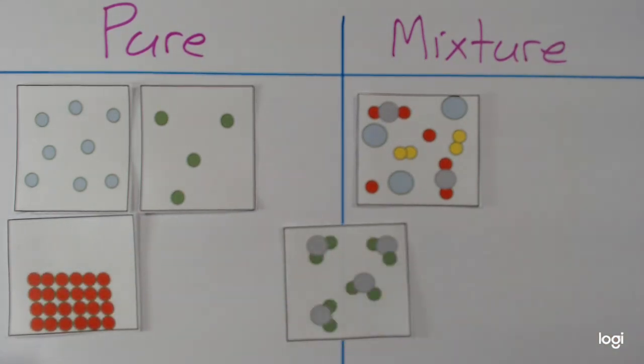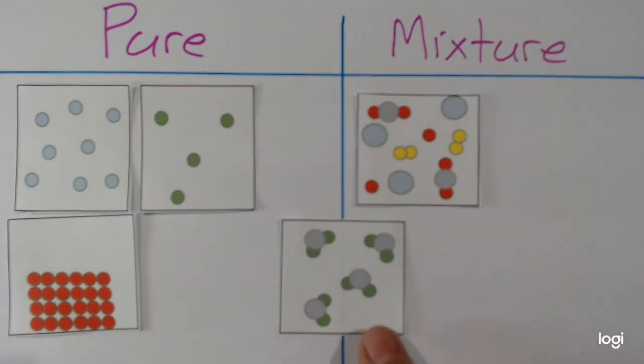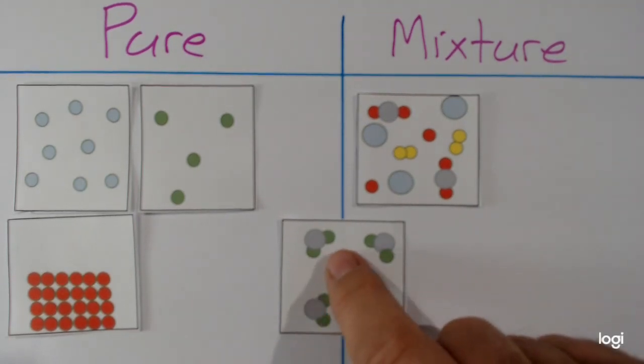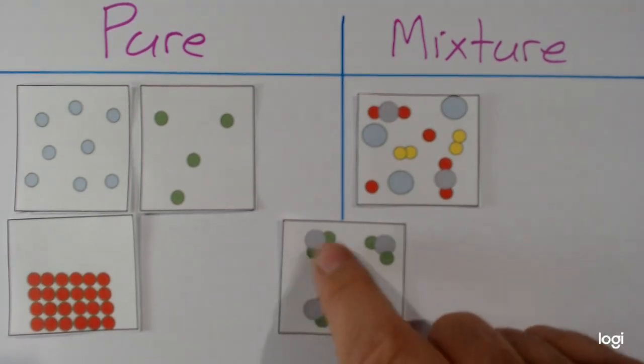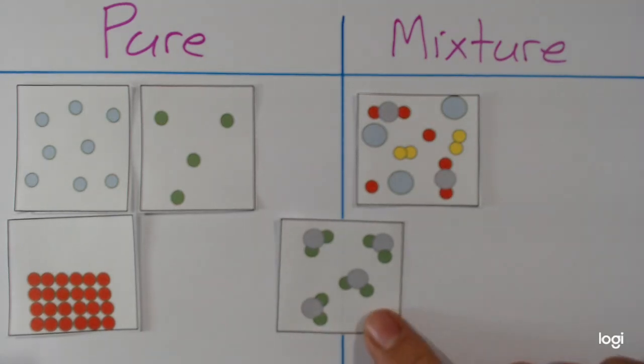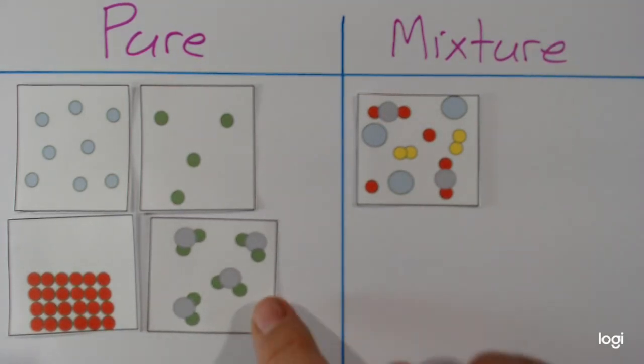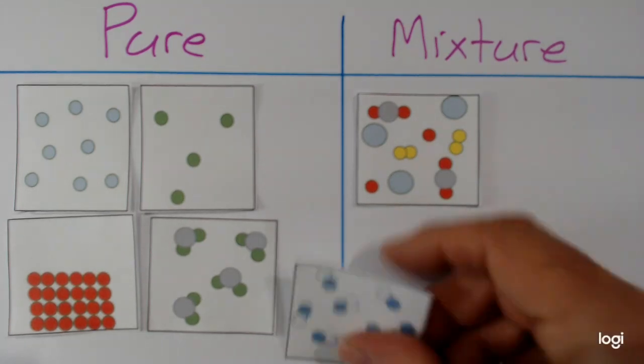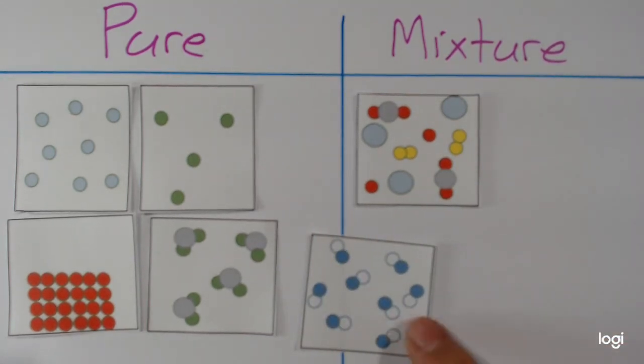What about this one? Now this still counts as pure. This is like H2O. In fact, this is a picture of some H2O particles. I know that that particle there is made itself of different things, but that's still one particle. And if all of those one packages are the same, it still qualifies as pure. We'll get onto what type of pure that is in a minute, but it's still a pure substance. That's the same deal, still made of one type of thing.